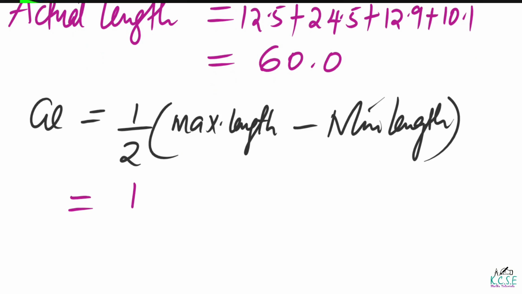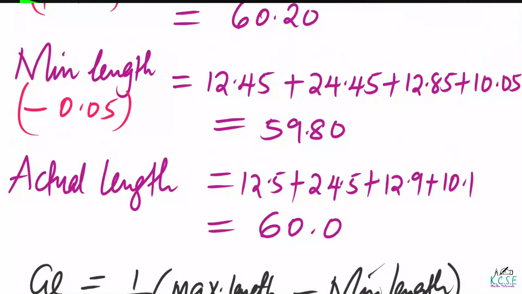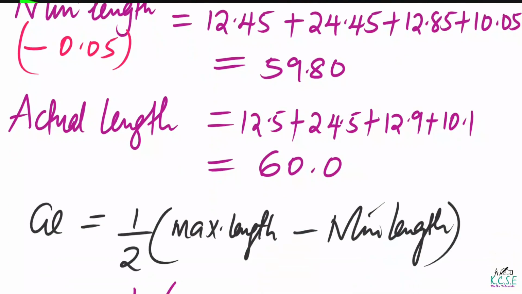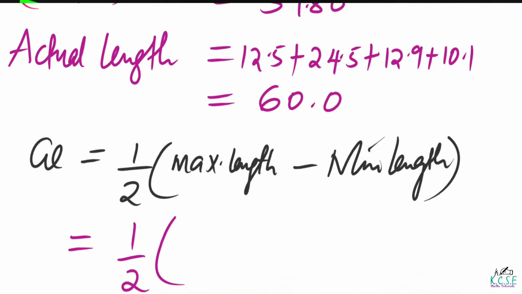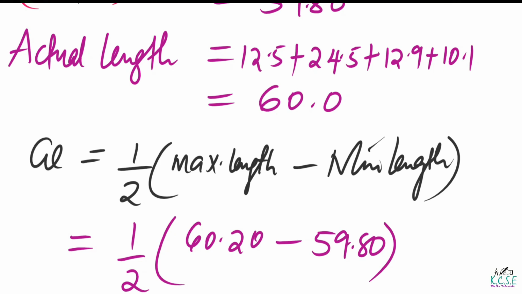So this will be given by half of the maximum length, 60.20, minus the minimum, which is 59.80.